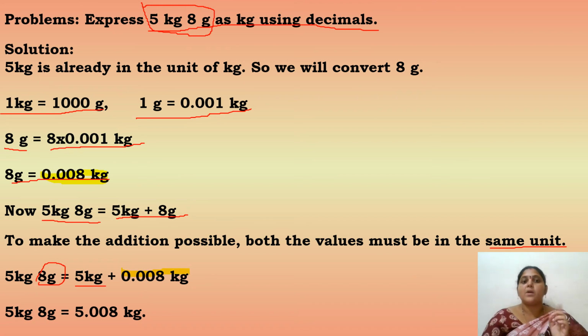Now you add both because the units are the same. When both the units are the same, we can add. 5 kgs 8 grams is equal to 5.008 kgs. So first we have to convert grams into kgs and then add both the numbers when they are converted into the same units.